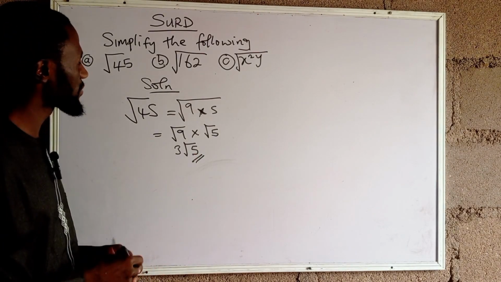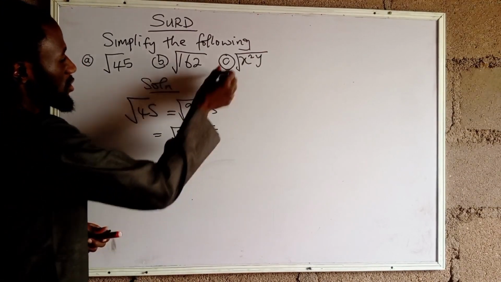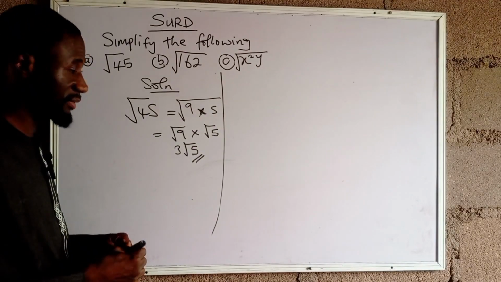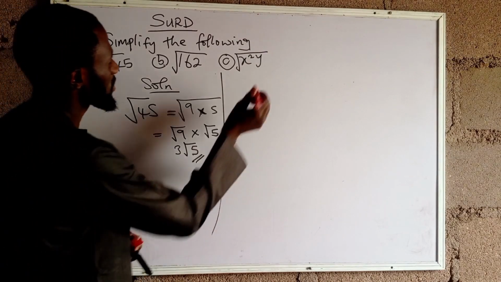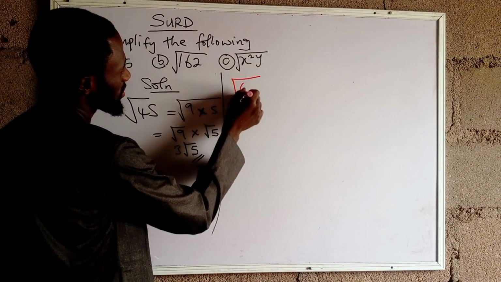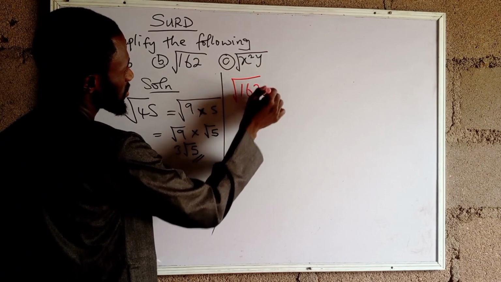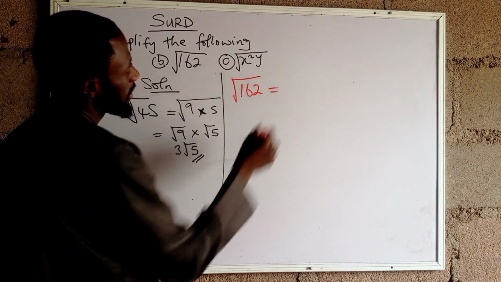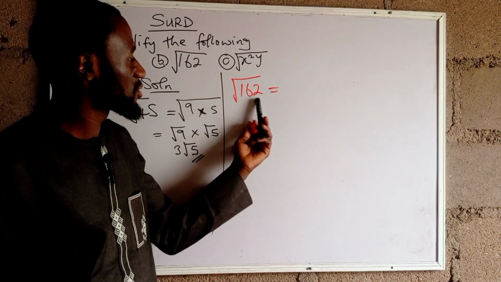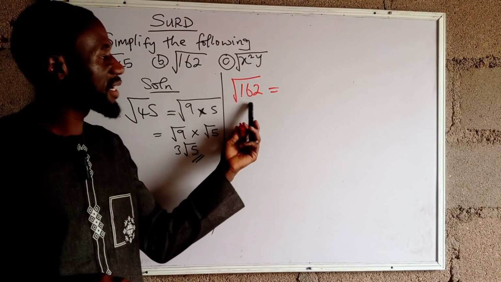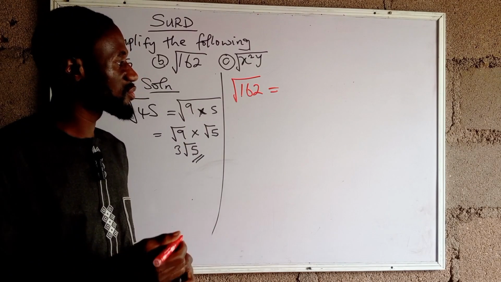We have simplified root 45. Let's solve the second question, which is root 162. Can you simplify 162? Find two numbers which, if you multiply, you get 162.